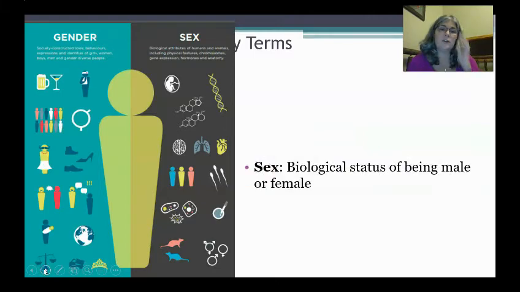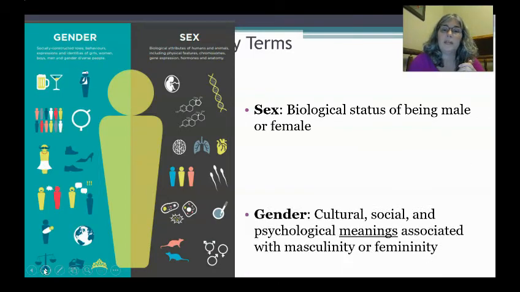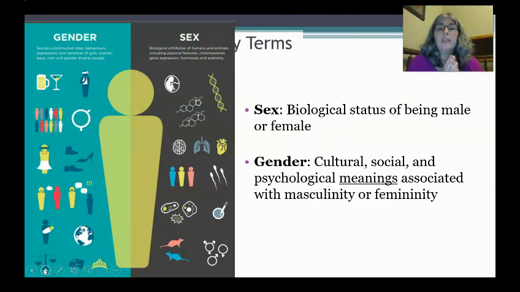Here are some key terms. First of all, I think we need to distinguish between sex and gender. So sex is your biological status. Okay, so what you are born with. Are you born XX? Are you born XY? What is your biological category, shall we say? Now, we do know that there are some instances where that is not entirely clear. Then gender is different than that.